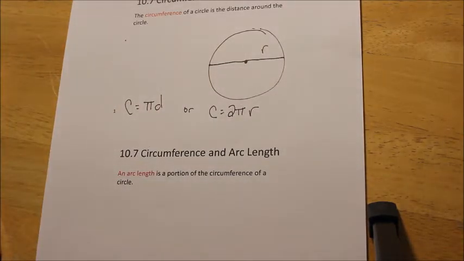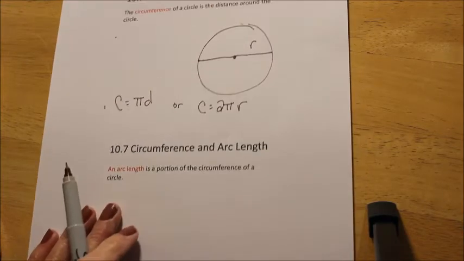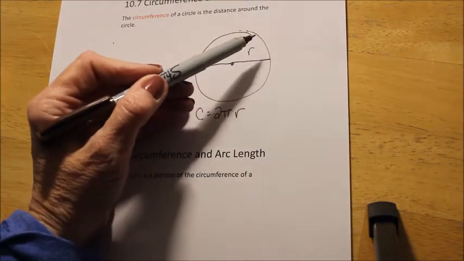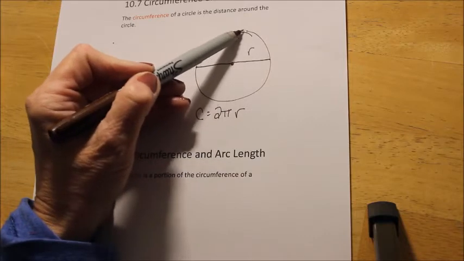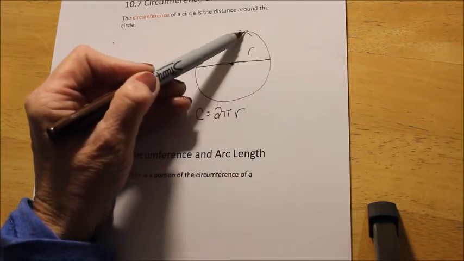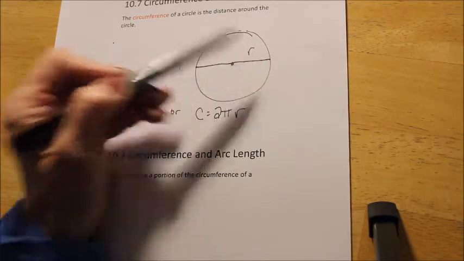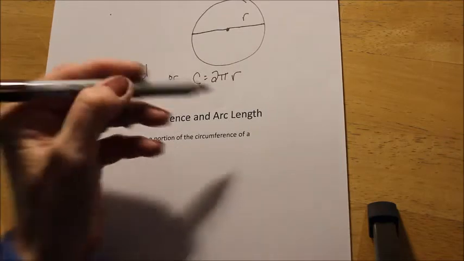And so what we're going to do now is find what we call arc length. Arc length is where you find the actual length of an arc, in terms of pi, not in degrees. It's called radians. So let me give you the formula and then we'll look at a couple of examples.